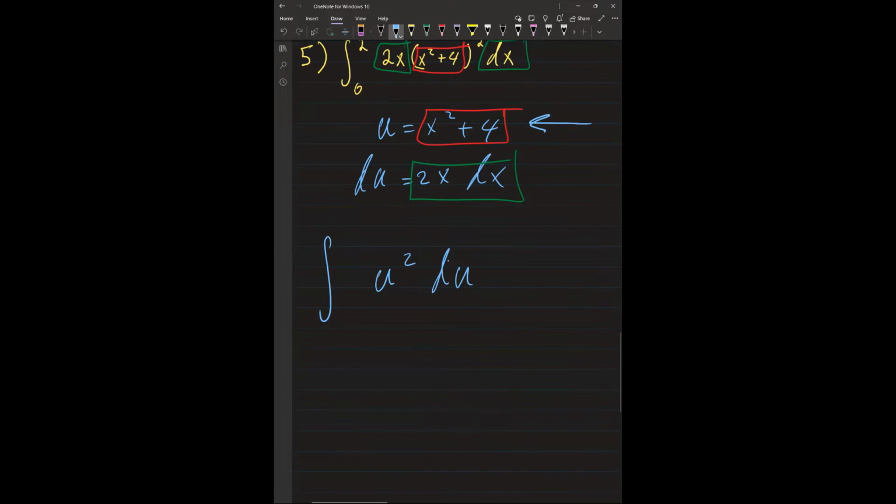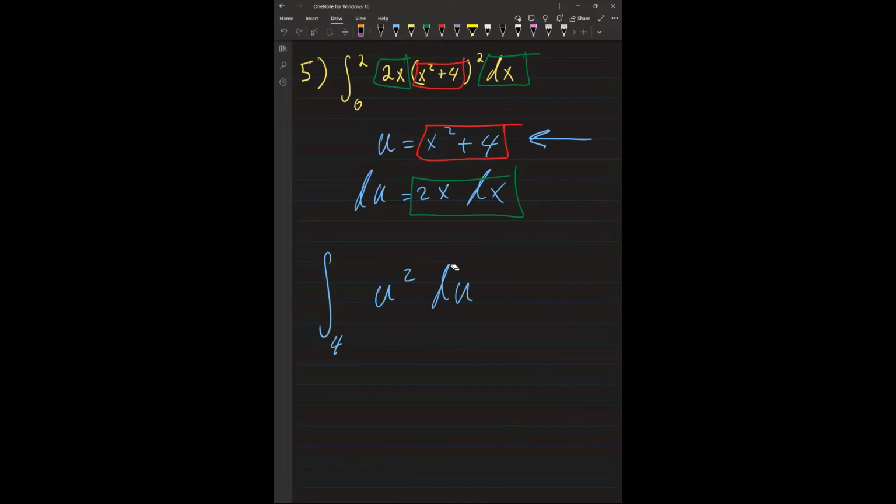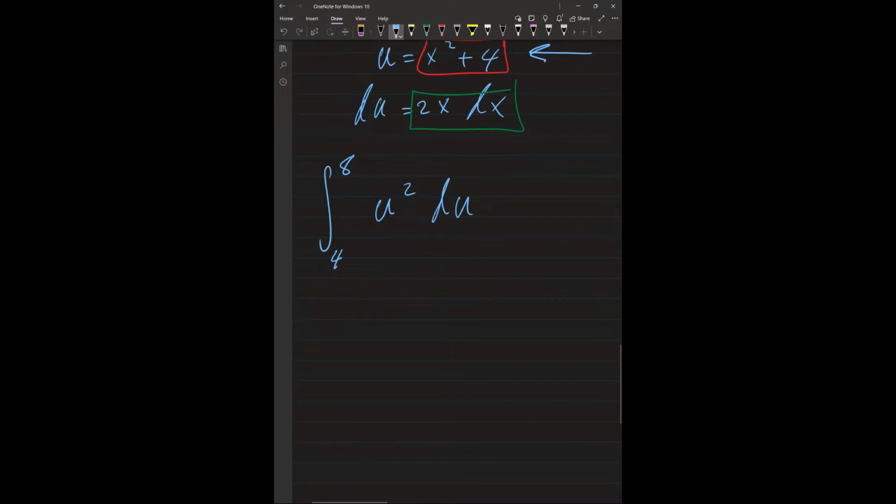We're going to just plug 0 in here. So 0 to the 2nd power plus 4 equals 4. And what is u when x is 2? Let's plug 2 in. Plus 4. This is 4 plus 4, 8. So this is 8.